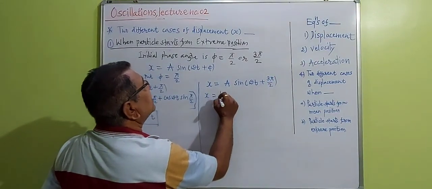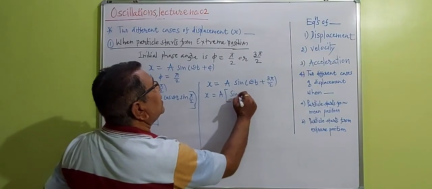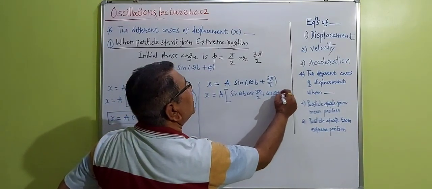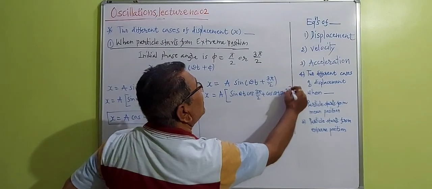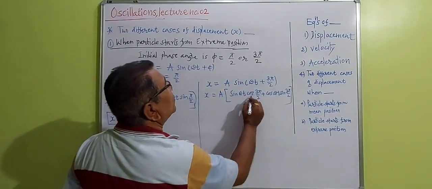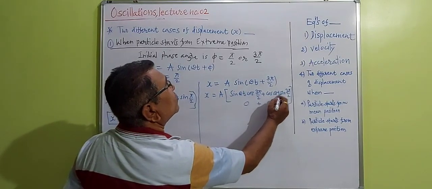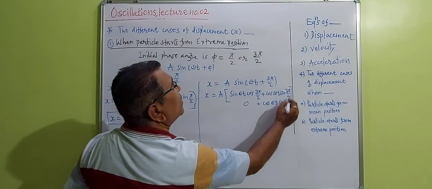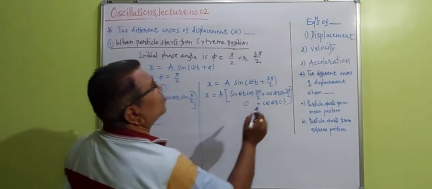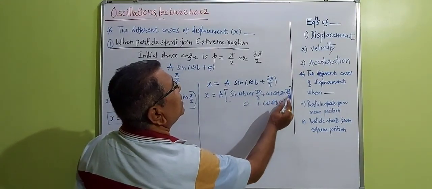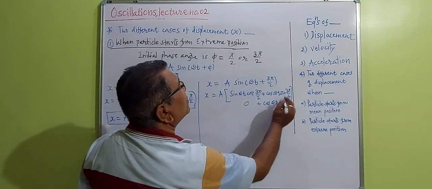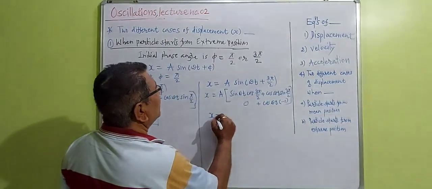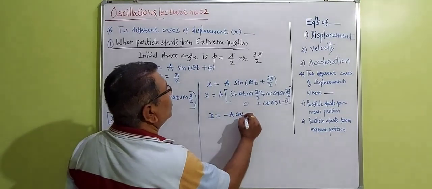This may be solved like this: capital A, sin A cos B plus cos A sin B. Again see here, this is 0 because cos of 3 pi by 2 is 0, plus cos of omega t, and sin of 3 pi by 2 is equal to minus 1. So we get minus cos omega t.